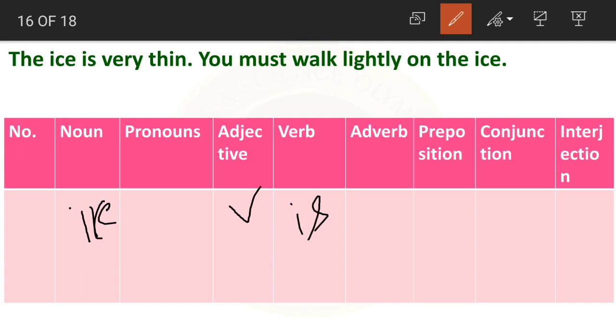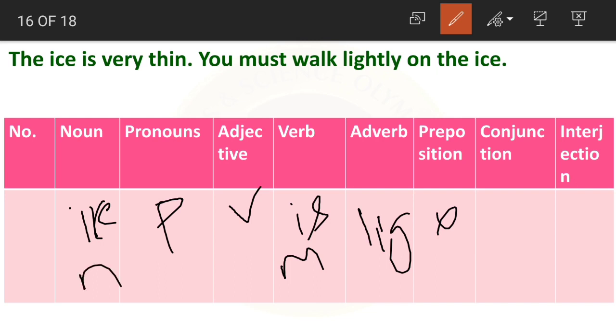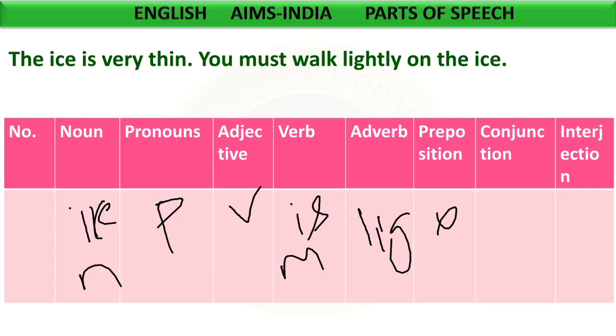You must. You is pronoun. Must walk, this becomes verb. Lightly. How you have to walk? We are describing the verb here. That is why lightly becomes our adverb. On, preposition. Again ice becomes our noun. Clear, children? Yes.